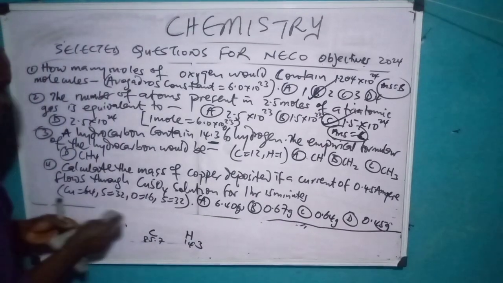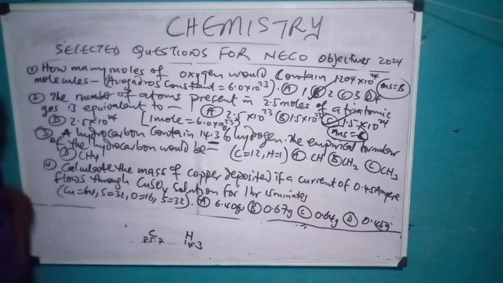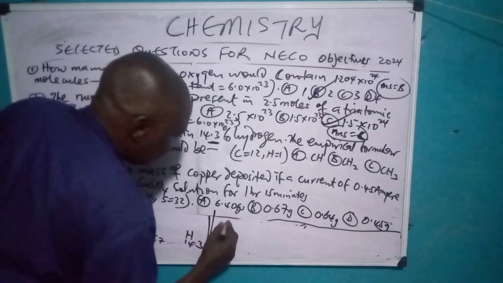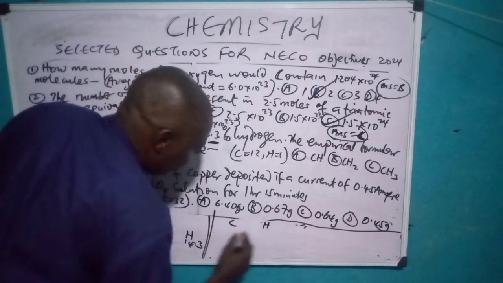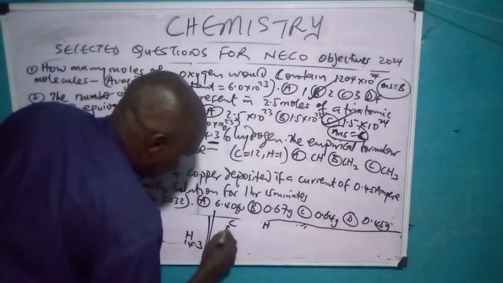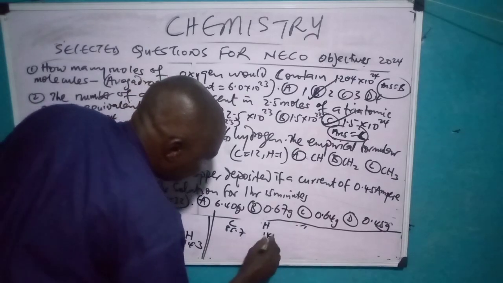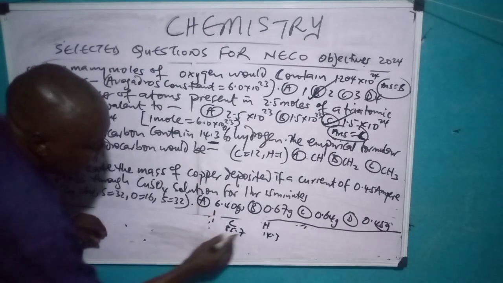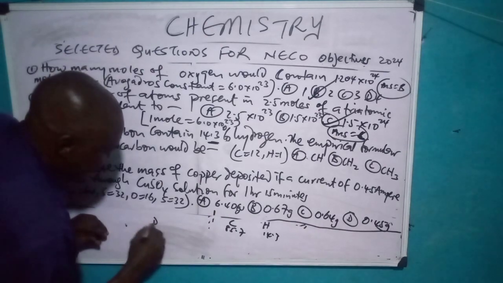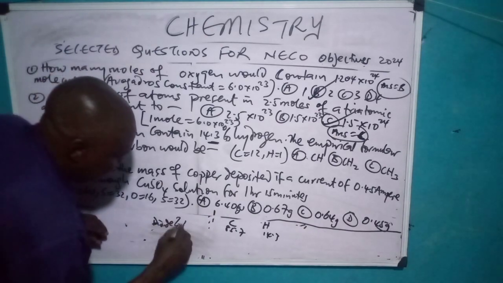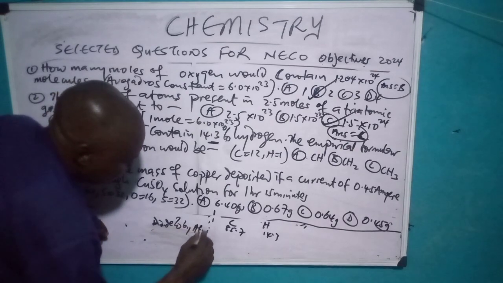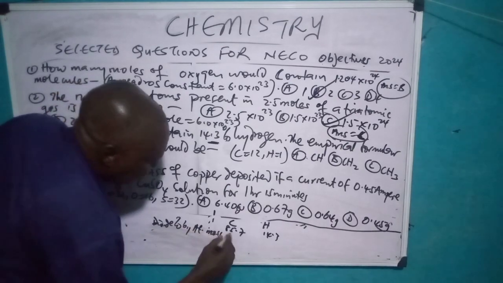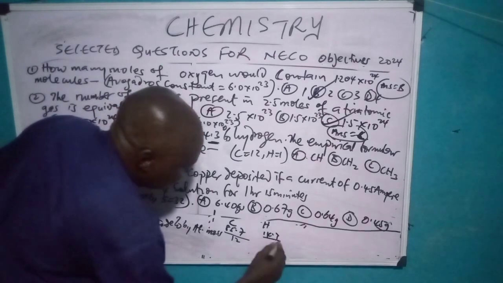So we now say carbon, hydrogen, 85.7, 14.3. The first stage, you say divide the percentage by the atomic mass. Divide percentage by atomic mass. So this one now becomes over 12, over 1.